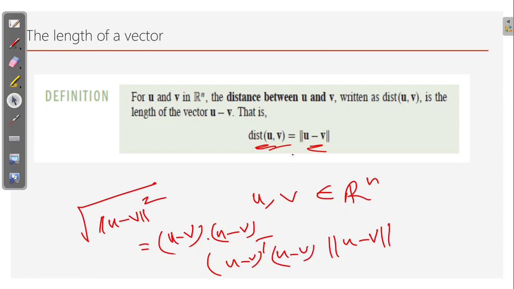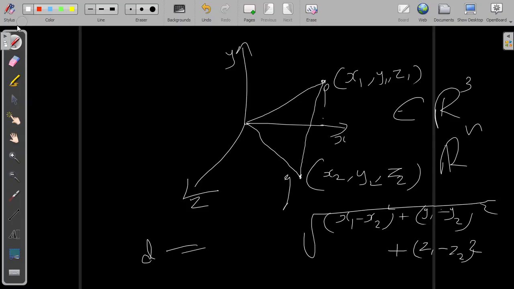For R3, u minus v means p minus q, which is the column x1 minus x2, y1 minus y2, z1 minus z2.